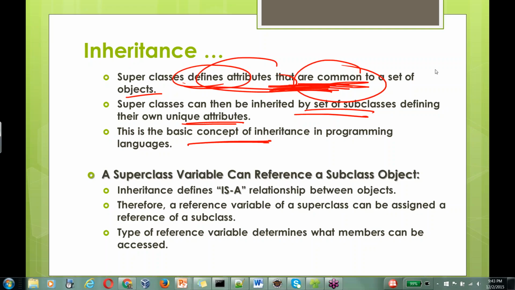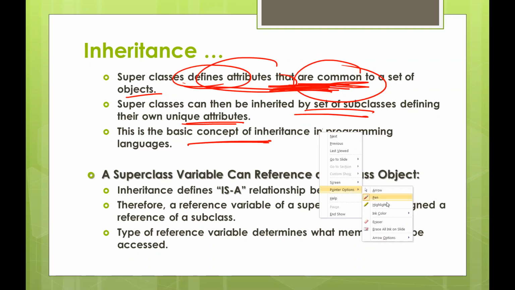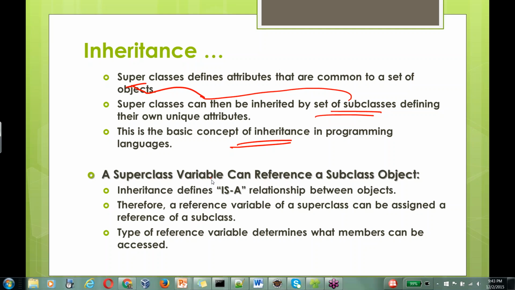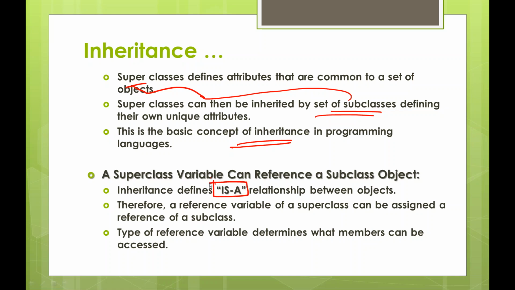So that is what inheritance is. You create subclasses to define specific classes of a general class that is defined here using your superclasses. Yeah, that is what Kavita was telling. So now we know that inheritance defines an is-a relationship among objects, a set of objects.